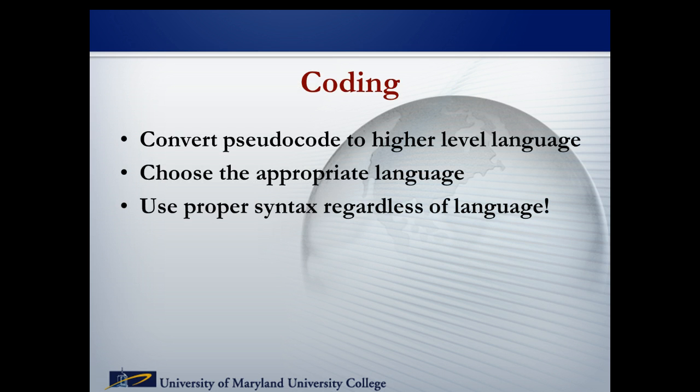So, of course, when we get to the coding portion of this, we convert that pseudocode to a higher level language, and that's one of the reasons that we use pseudocode, is so that that pseudocode can be translated into whatever programming language that we're going to use.